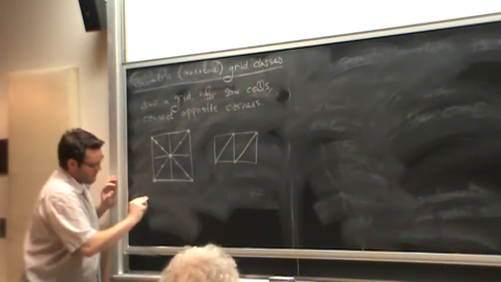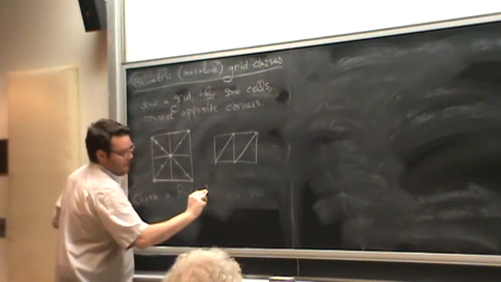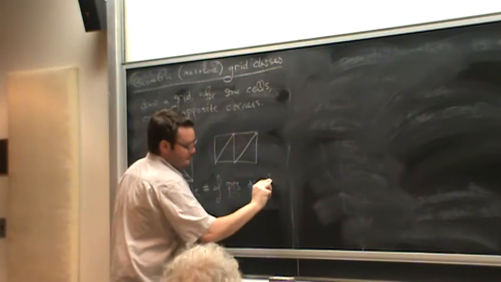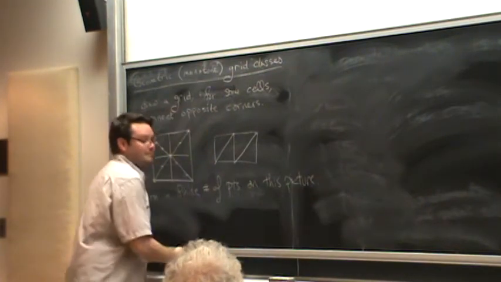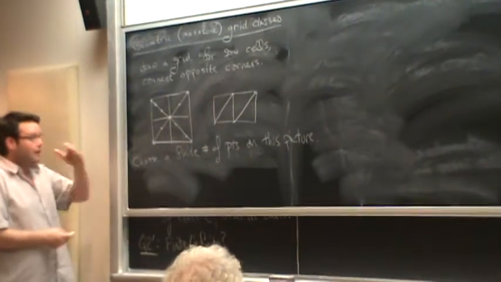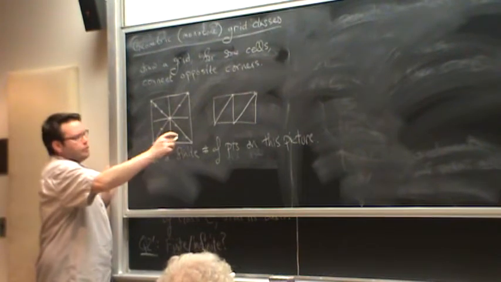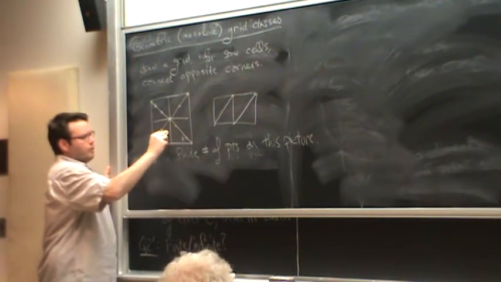Now, we choose a finite number of points on this picture. If I take a finite number of points, I can number them, and if they don't share x and y coordinates, I can number them by their height.